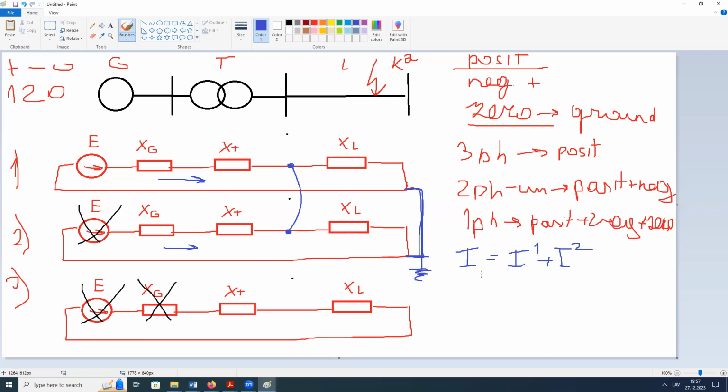But we have a three-phase system, and of course we're interested in what is going on in each phase. And what do we get if we are calculating this current?